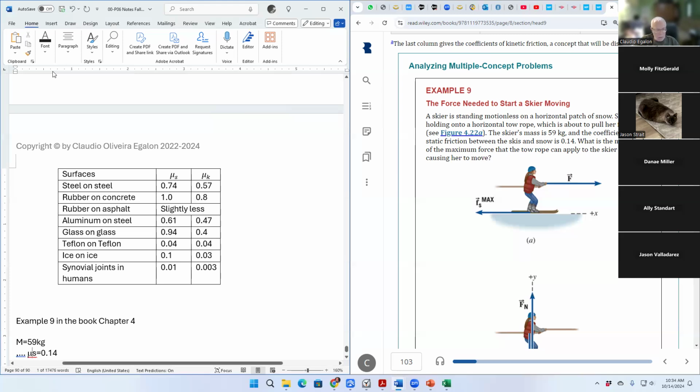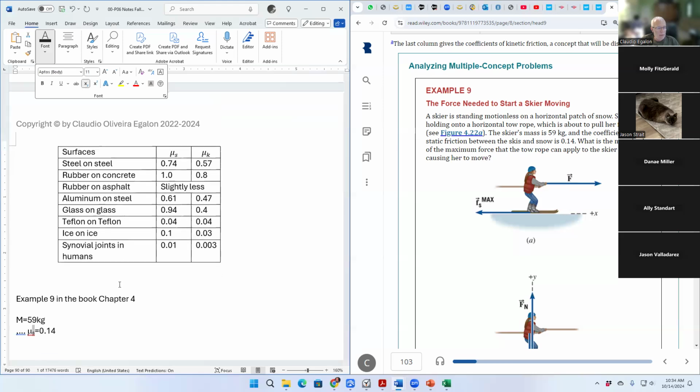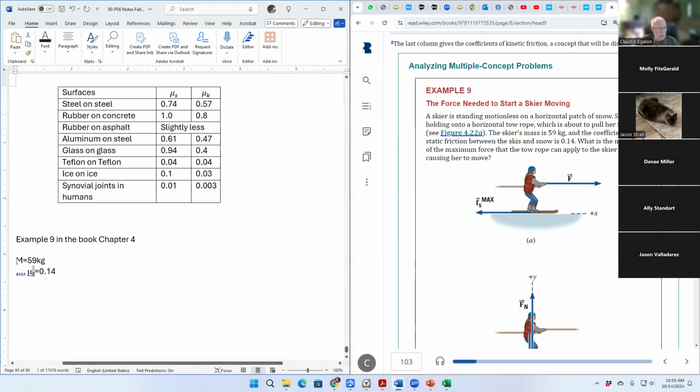Here you go, mu sub s. 1, 2, 3. I like lowercase m. What else do you have here? Okay, find what's the magnitude of the maximum force that the tow rope can apply to the skier without causing her to move.